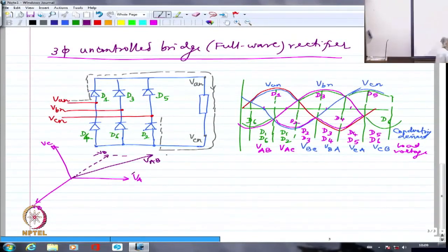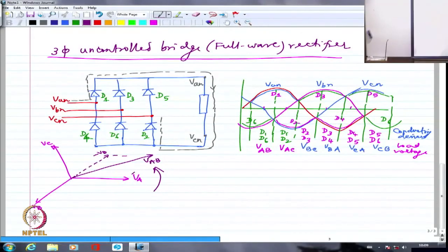I have drawn it correctly: A, B, C. VA is first, then VB comes, then VC comes. Correct. So VAB will lead VAN by 30 degrees, which you can say directly from the phasor diagram.